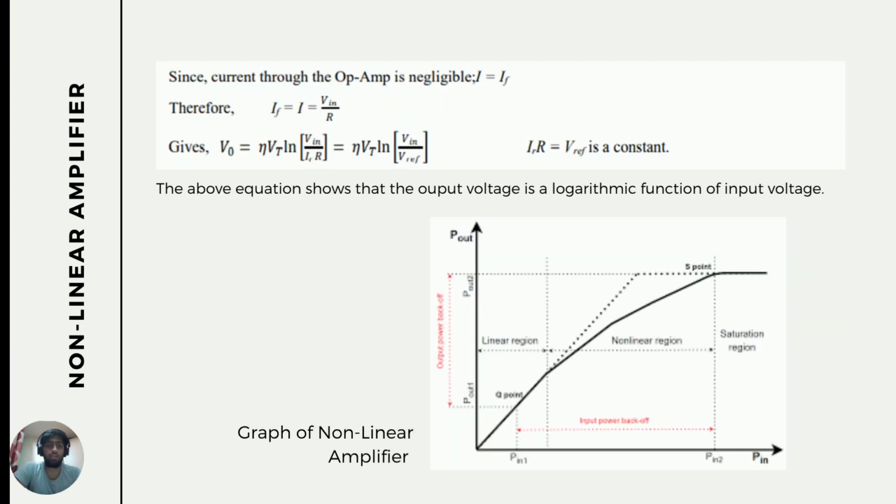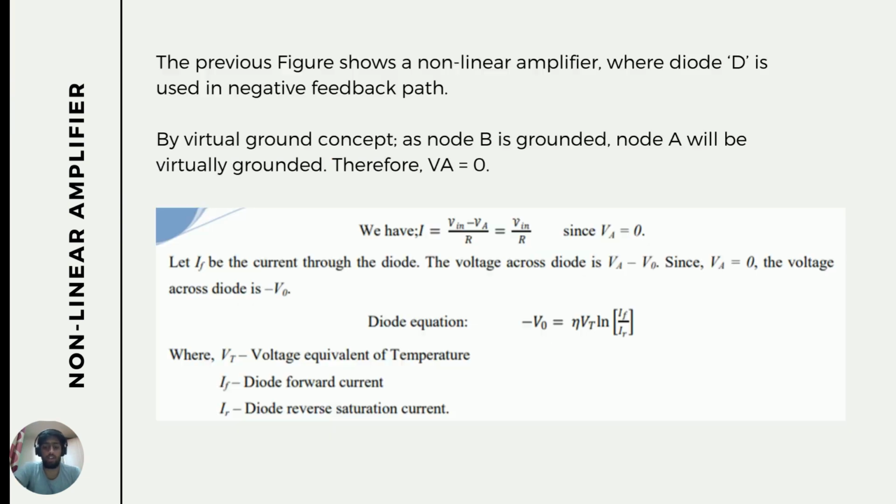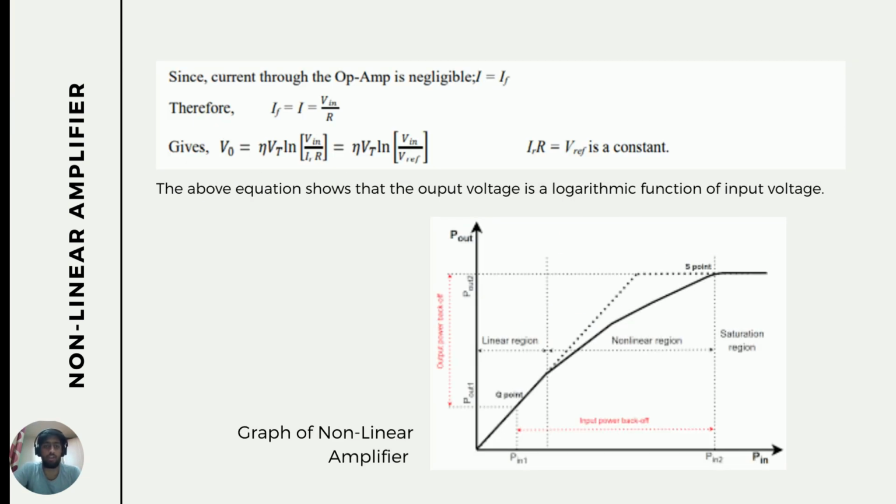Since the current through the op amp is negligible because an ideal op amp has infinite resistance, I equals IF, the diode forward current.